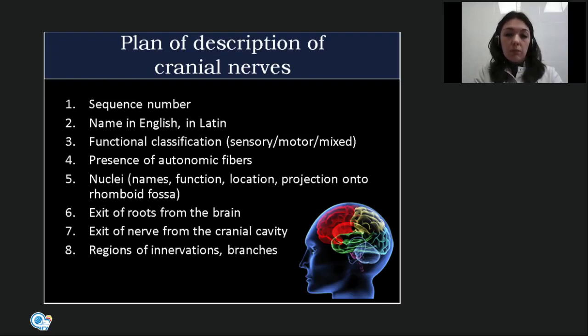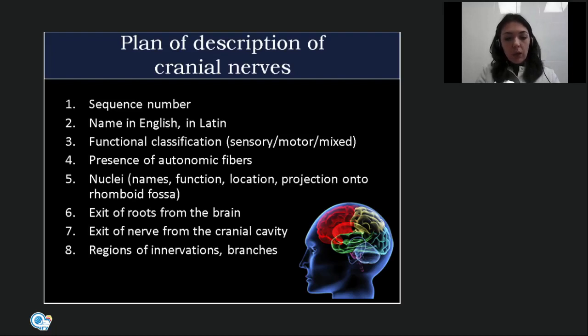Mixed nerves are those nerves which contain both sensory and motor fibers, not autonomic, yes? So a mixed nerve is a nerve that contains both sensory and motor fibers. Then you should mention the presence or absence of autonomic fibers.